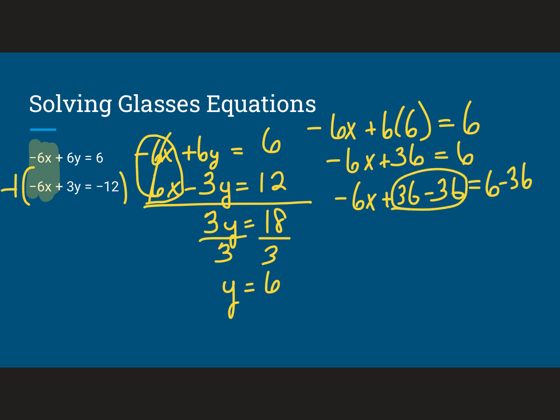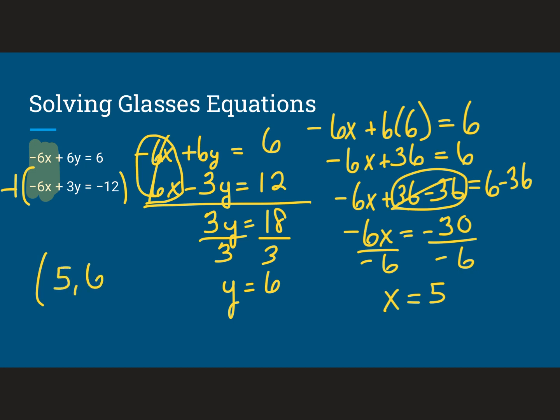Here they're going to cancel. I'm left with negative 6x equals 6 minus 36, which is negative 30. Divide both sides by negative 6. And I get x equals 5, because a negative divided by a negative is a positive. My answer, again, x is still first, even though we found it second, is going to be 5, comma, 6.